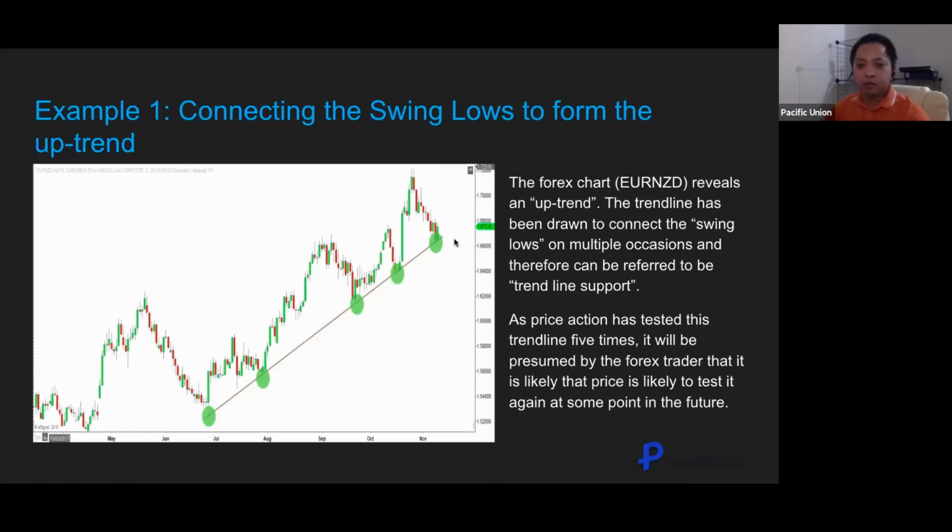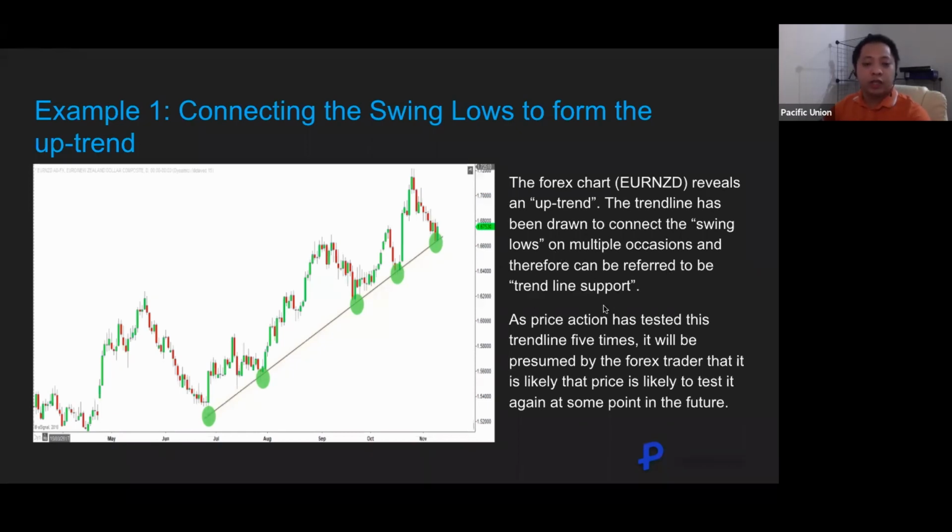All right, 5 points, so it's obviously a valid trend line. The trend line has been drawn to connect the swing lows on multiple occasions and therefore can be referred to as a trend line support. As price action has tested this trend line 5 times, it will be presumed by the Forex trader that the price is likely to test it again at some point in time.